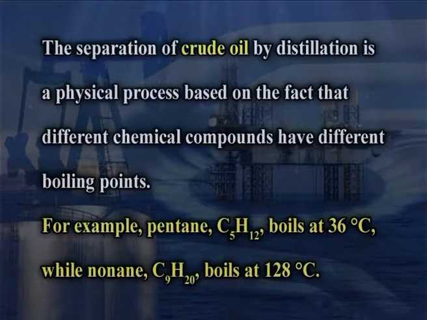The separation of crude oil by distillation is a physical process based on the fact that different chemical compounds have different boiling points. For example, pentane, that is C5H12, boils at 36 degrees centigrade, while nonane, that is C9H20, boils at 128 degrees centigrade.